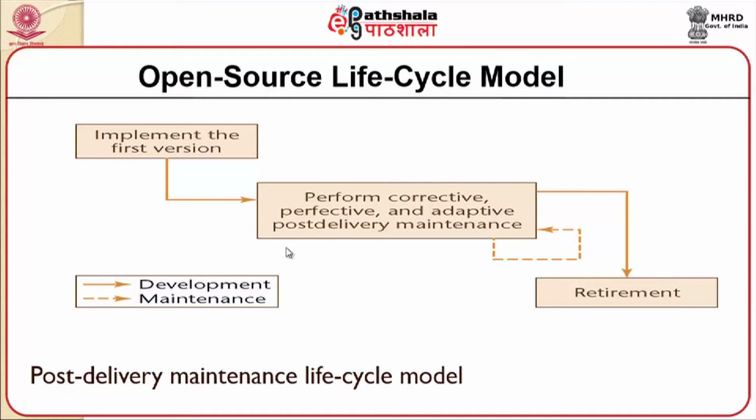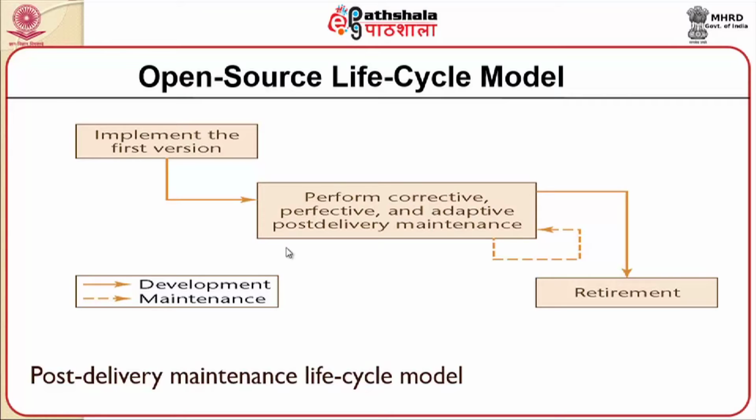We will develop an open source lifecycle model, which is something like the code and fix model where we have implemented the first version, but then we concentrate more on the maintenance phase of it. Since we are talking more about maintenance, we call this model a post delivery maintenance lifecycle model, apart from the open source lifecycle model.